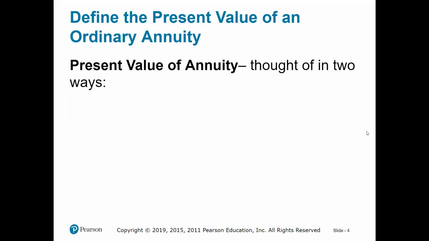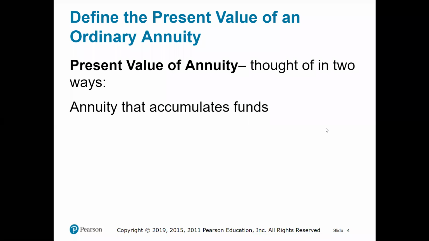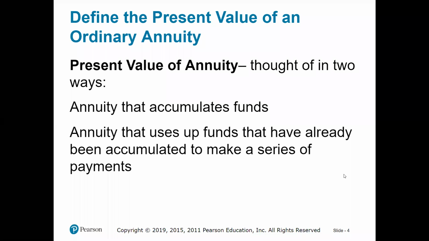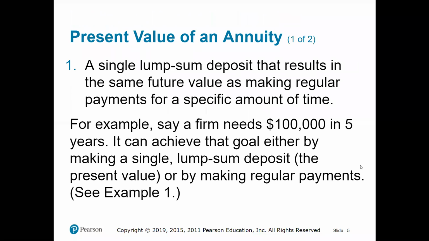So present value of annuity can be thought of in two ways. Annuity that accumulates funds, or an annuity that uses up funds that may have already been accumulated to make a series of payments. All right, a single lump sum deposit that results in the same future value as making regular payments for a specific amount of time.